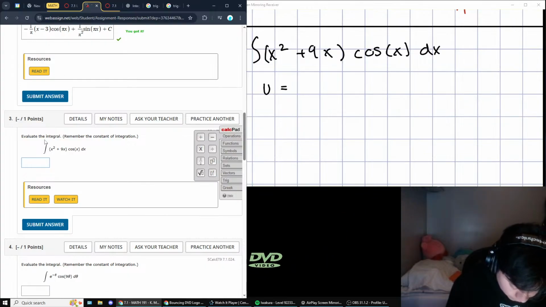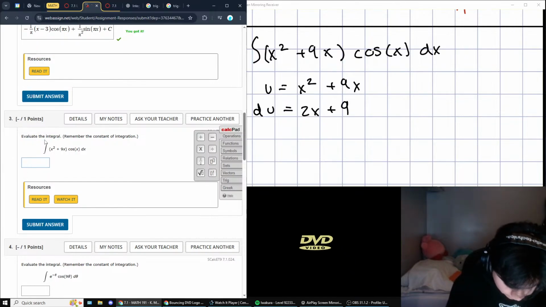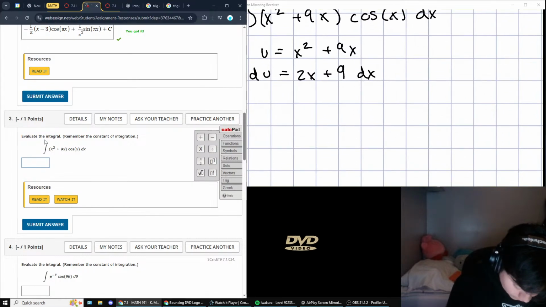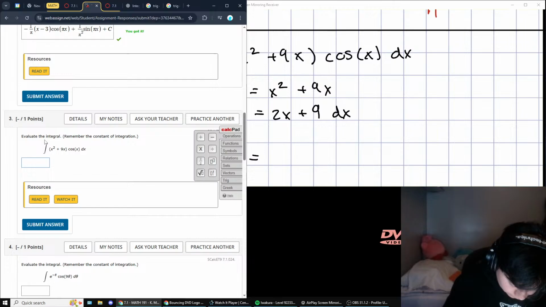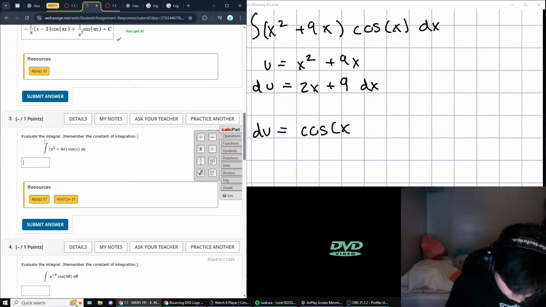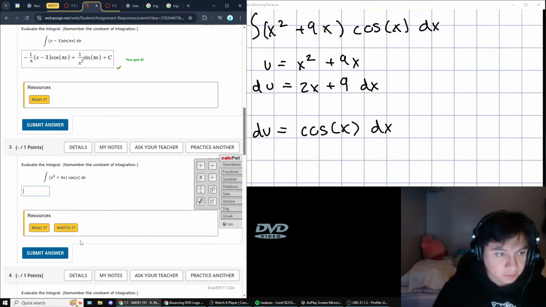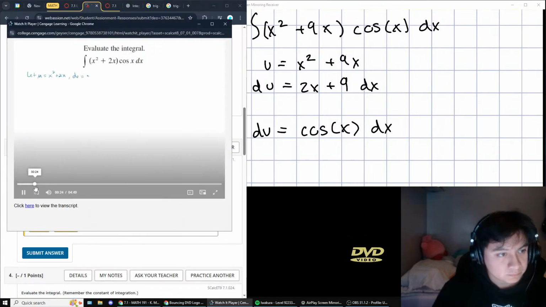Let's make u cosine x and... oh, let's make u equal to x squared plus 9x. du being... and then dv is equal to cosine x dx, and v equals sine x.